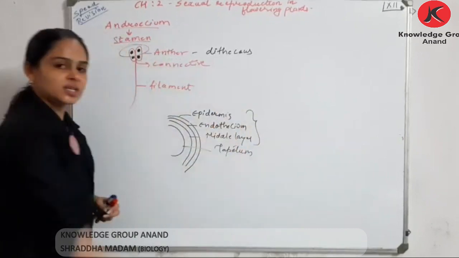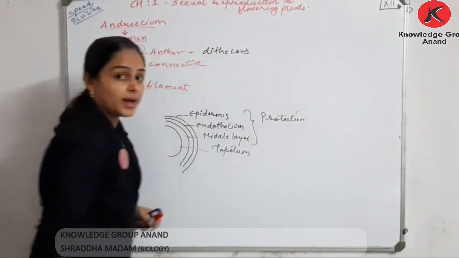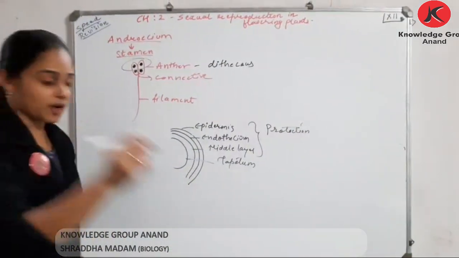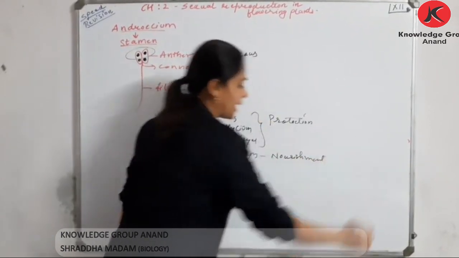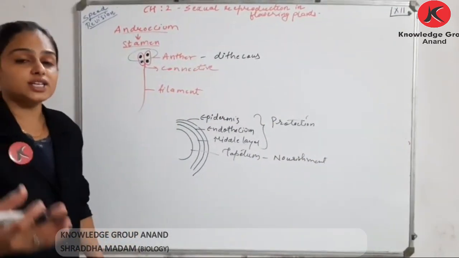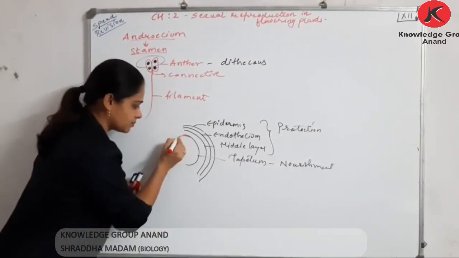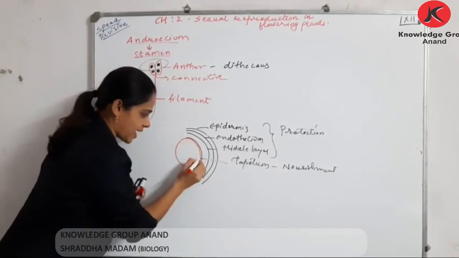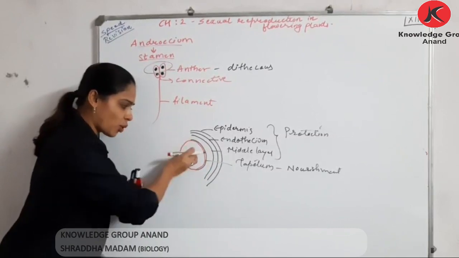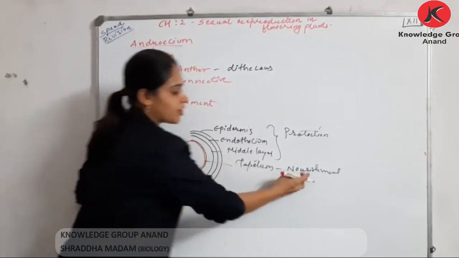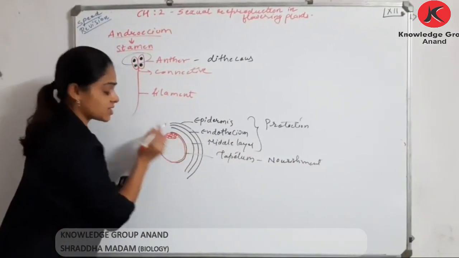Outer 3 का function होता है protection. And tapetum का function होता है to provide nourishment to developing pollen grains, क्योंकि यहाँ पे है आपका pollen sac. So the immediate layer that surrounds this pollen sac is your tapetum. Am I clear?